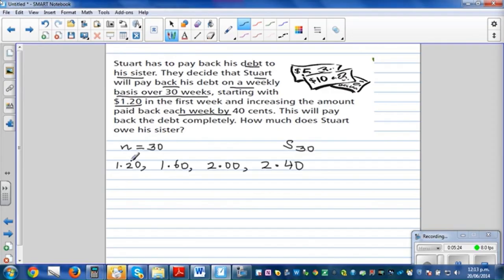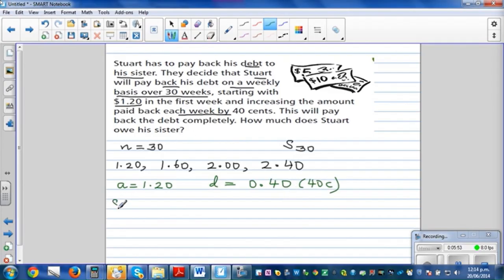Okay, so first let's write what is A. A is $1.20 or 1.2. D is 0.4, because you're writing in dollars, so this is the same as writing 40 cents. And n we know is 30.